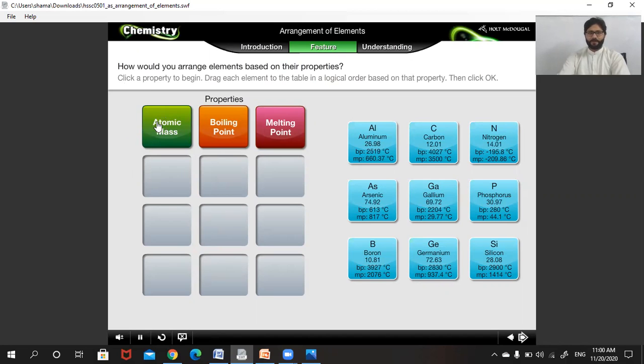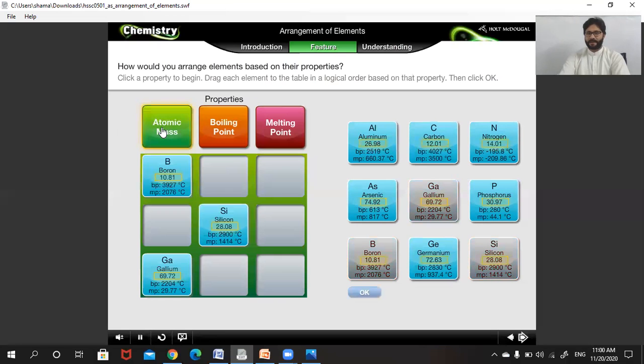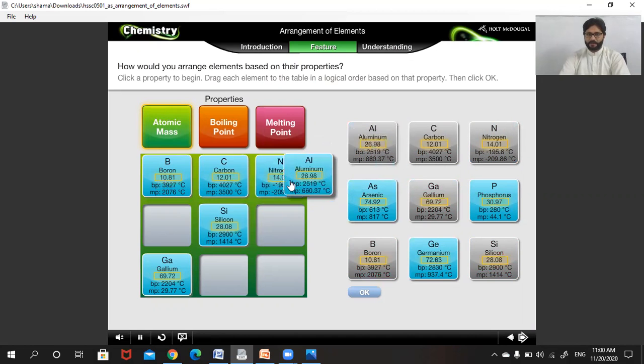Okay, dear student, now I'm going to select here the property atomic mass. So these three were placed here, and the rest of the elements I have to place here focusing on the increasing atomic mass. If I look over here, boron has an atomic mass of 10.81. After that, I will place carbon over here, followed by nitrogen, that is 14.01, and then aluminium, that is 26.98.